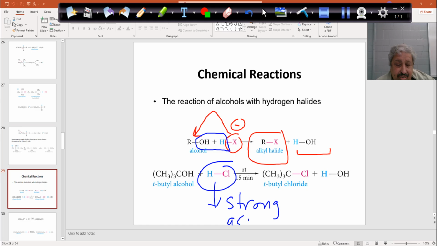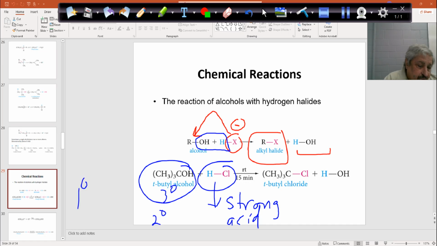Strong acid. Weak acid will not do it. So if you have acetic acid, the reaction will not go. You have to have a strong acid to do this. Are you following me here? And you have to have a stable alcohol, tertiary alcohol, or secondary alcohol. Primary alcohol most probably will not be able to do it. Are you following me here?